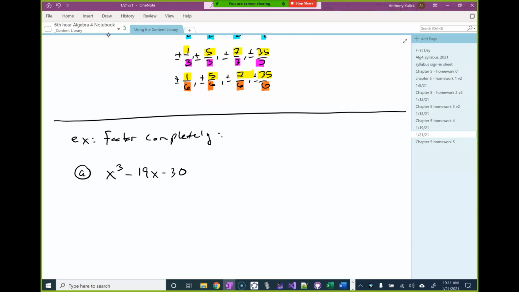The only factor of 1 is 1. So my rational roots theorem says I could have plus or minus 1 over 1, 2 over 1, 3 over 1, 5 over 1, 6 over 1, 10 over 1, 15 over 1, and 30 over 1. I didn't bother to write the over 1 part because it just reduces to a whole number, right?